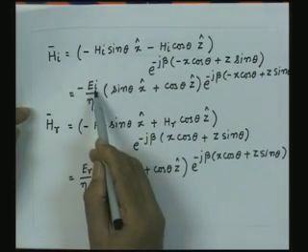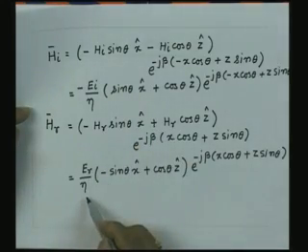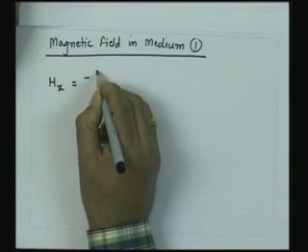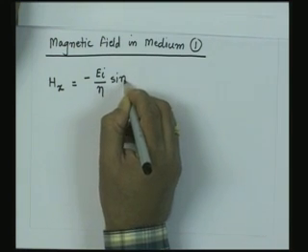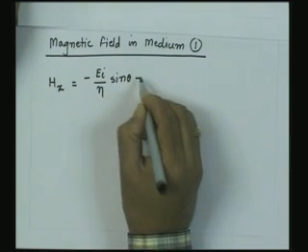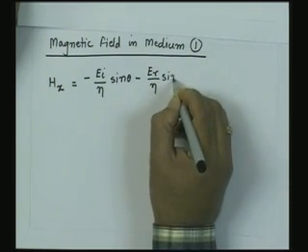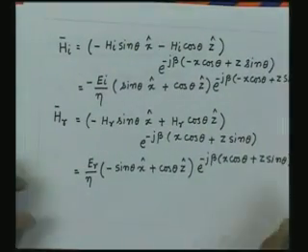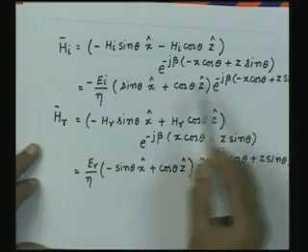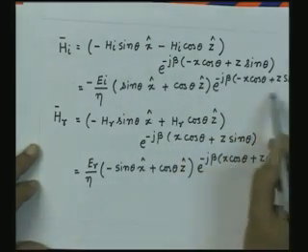So, this will be minus E_I upon eta sine of theta plus E_R upon eta minus sine of theta. So, I will get from here minus E_I upon eta sine of theta minus E_R upon eta sine of theta, and the phase term for these two will have plus j beta x cos theta, this term will be again common.